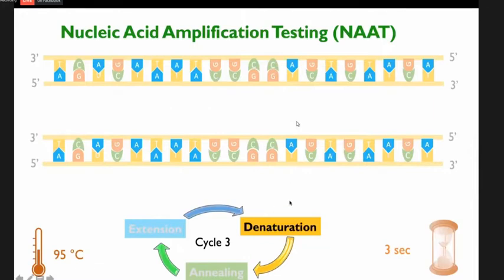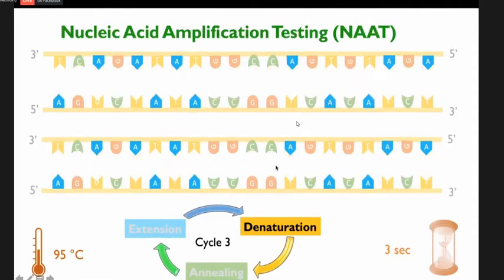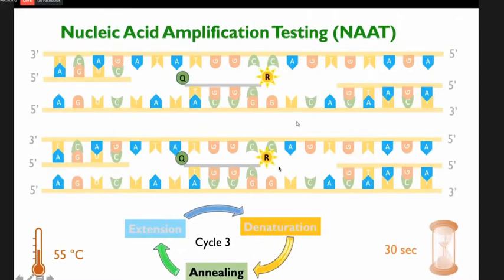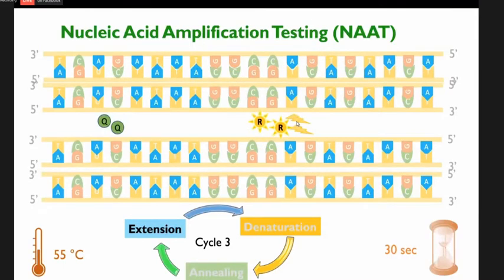In the third cycle, again, the denaturation results in the conversion of double-stranded DNA into its complementary single strands, followed by the annealing of the primer and probes, and the extension to synthesize new strands of DNA by polymerase.